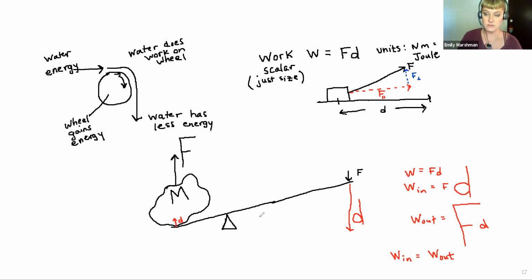The mechanical advantage of a simple machine is how much the force is actually amplified by. So if I put 1 Newton of force in and I can lift 10 newtons on the other side, the mechanical advantage is 10 here. But what is the same here is the work input and the work output. That's always the same.